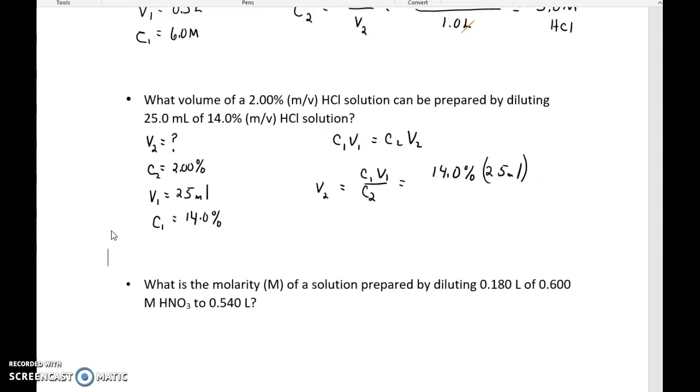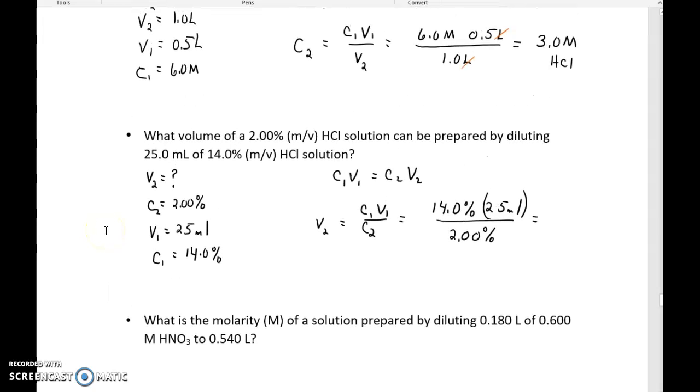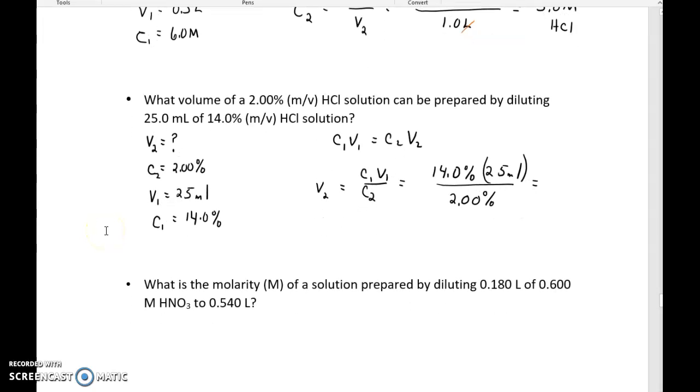Concentration 2 is 2%. Now, last time I used liters, and this time I'm using milliliters. And it will not matter as long as I am consistent with my units. Okay, so the answer here is 175, and because this is milliliters, this will be milliliters. The percents here cancel out, and that leaves us with milliliters, and that's what we find in our answer.